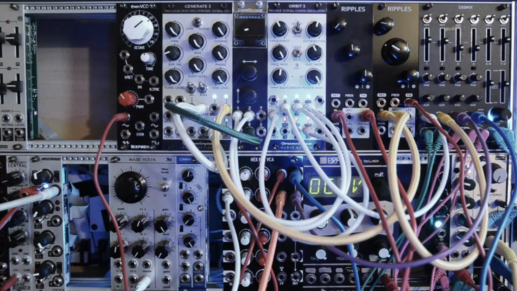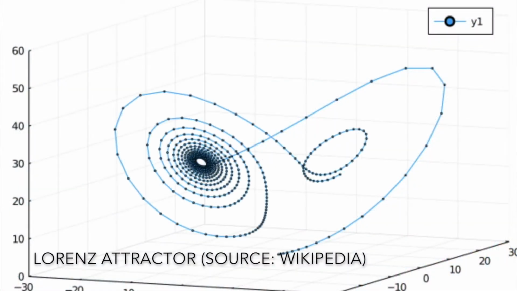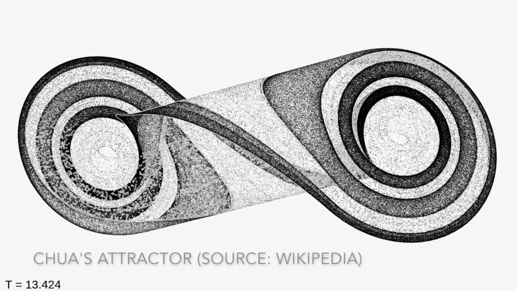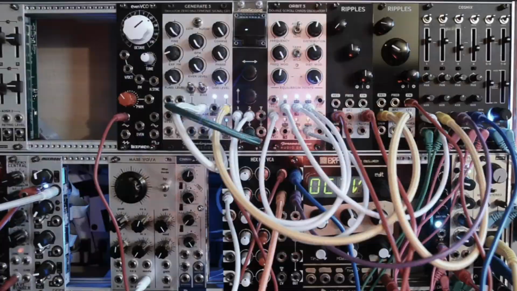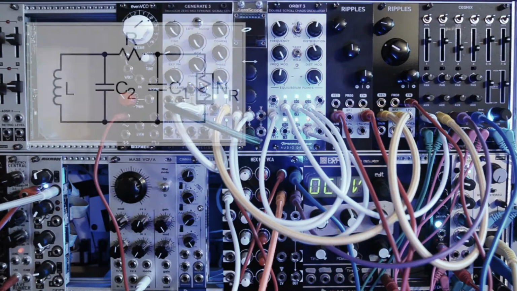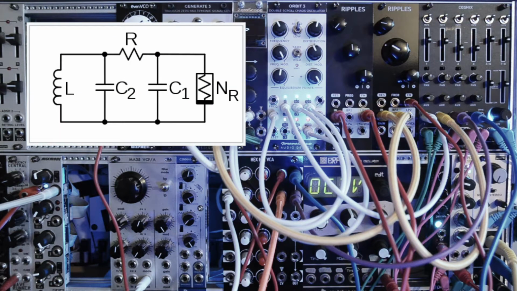The most apparent difference between the Lorenz attractor and Chua's attractor is the way the system crosses over from orbiting one scroll to the other. In the Lorenz attractor we see a figure 8 pattern, and in Chua's system the direction of the movement is the same for both orbits. Orbit 3 is actually based on this revolutionary circuit called Chua's circuit.